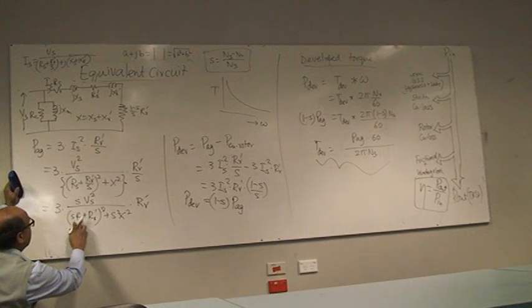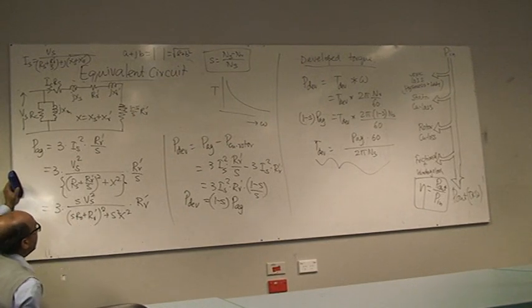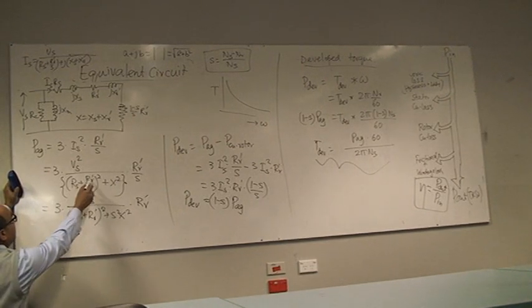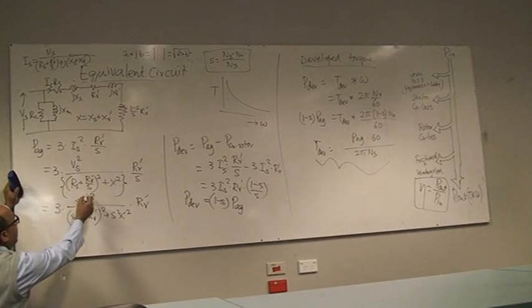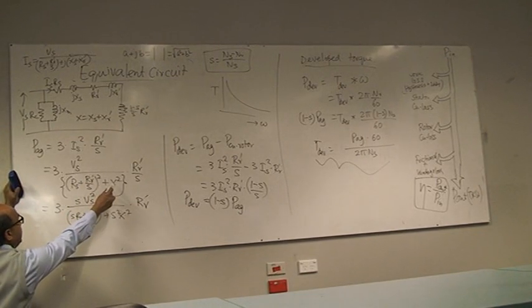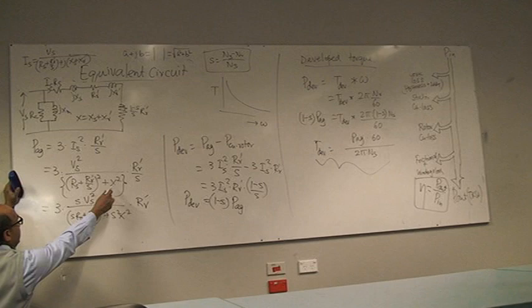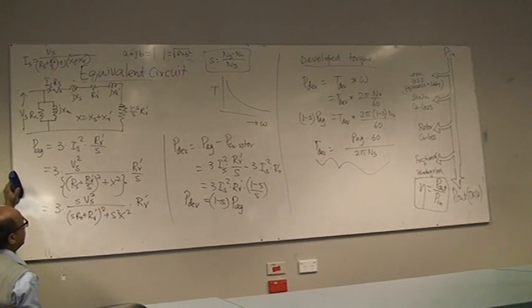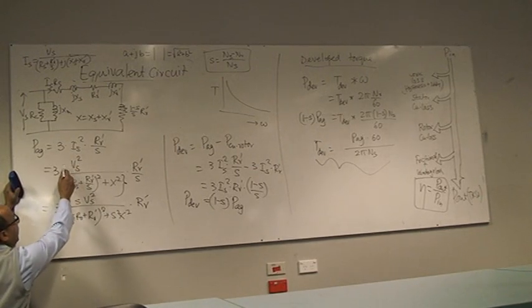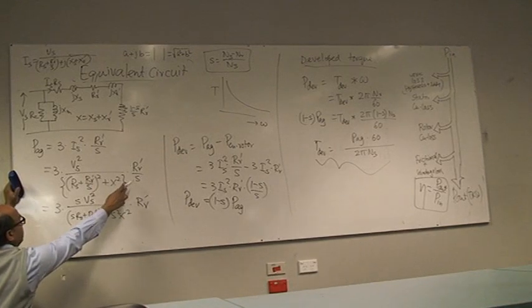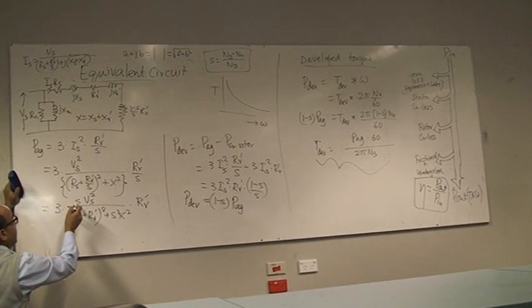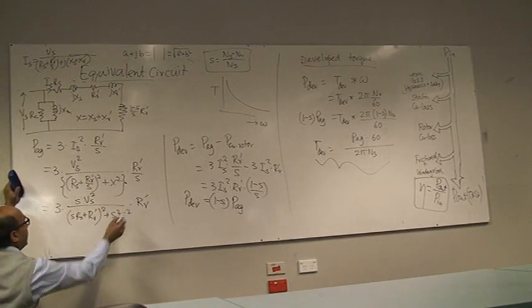Agree with me? So I am adding R_s plus R dash by s whole square. This s square will also be here, s square X square. Clear? And s square will go up. One of the s square will cancel with s. So that's why there will be s here and R dash.